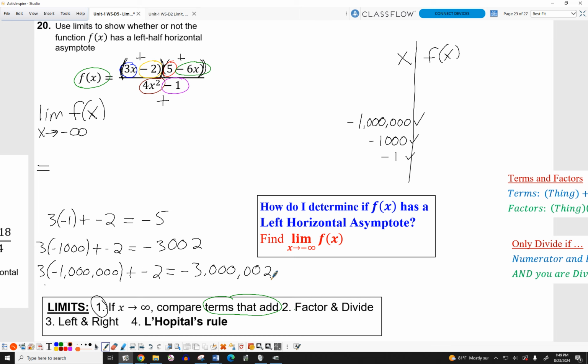Okay, here's what you ask yourself now. You have 3x here, you have negative 2 here, you're adding them. As x becomes increasingly negative, do these two terms continue to contribute kind of equally to the total, or does one of the two start to become completely dominant, like overwhelming the other? Hands up if you know.